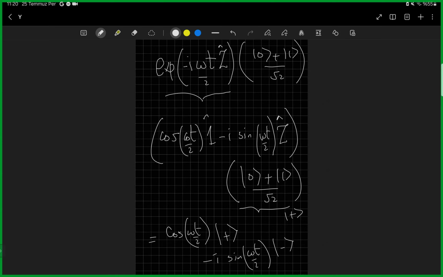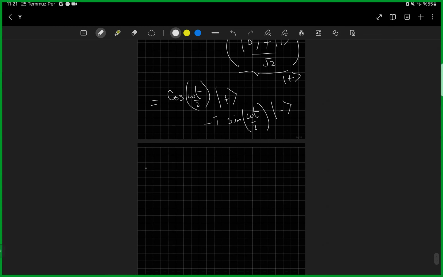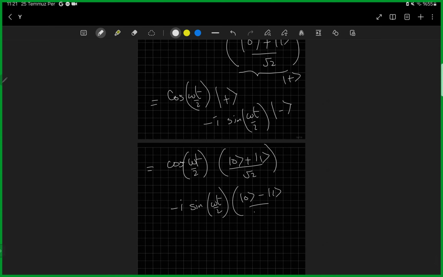Now this is actually a Z rotation on a single qubit. If I were to plot this on a Bloch sphere, I can just go back to |0> plus |1>, and this is cosine omega t over 2 |0> minus i sine omega t over 2 |1>.